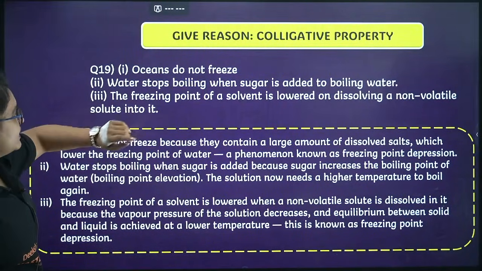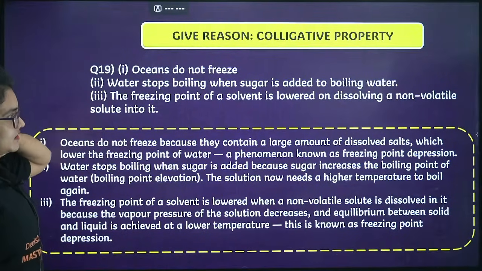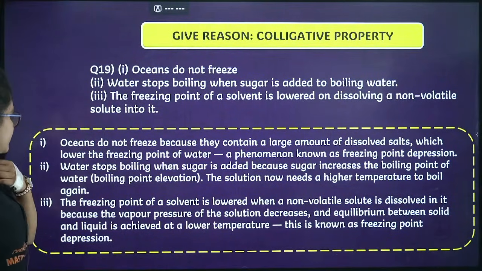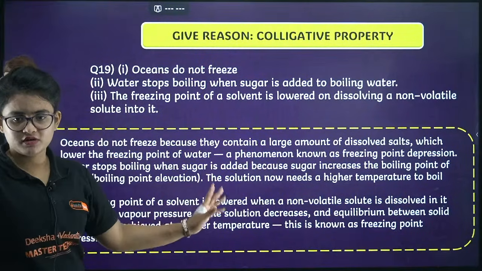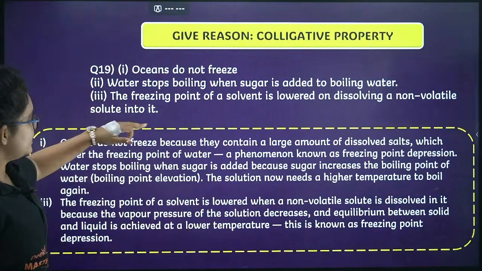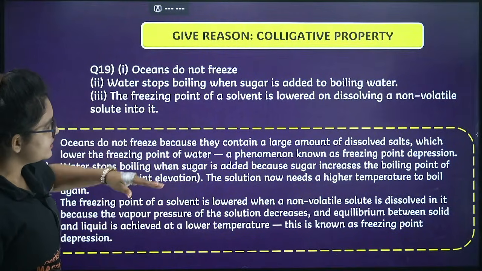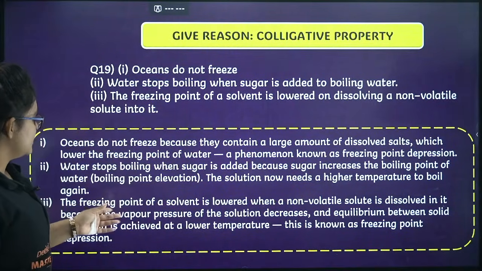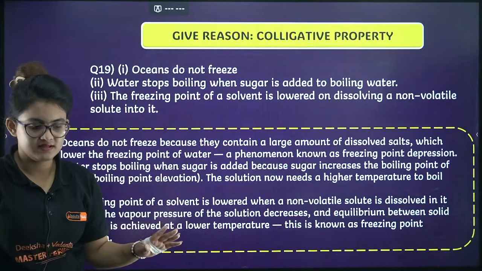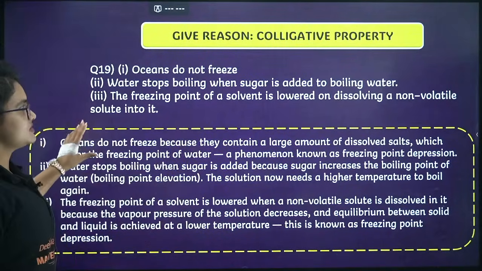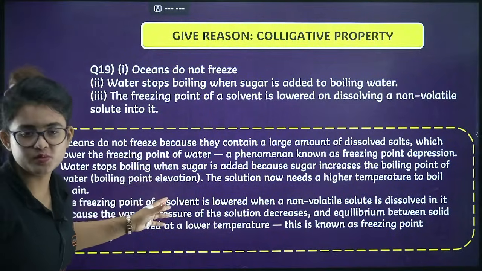Water stops boiling when sugar is added. What will happen? Elevation in boiling point. We already explained. The freezing point of a solvent is lowered on dissolving a non-volatile solute. Why? Because the vapor pressure of the solution decreases. This is the reason. You can just go through once. These are some board based questions from colligative properties.